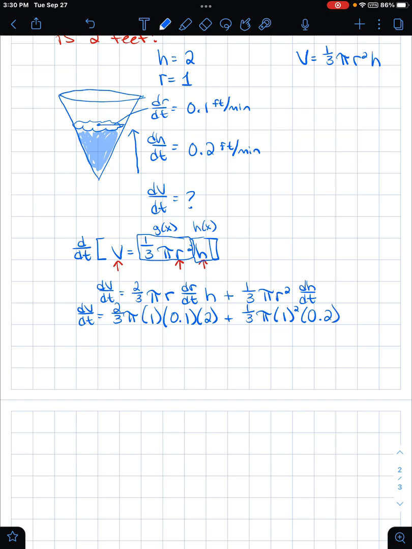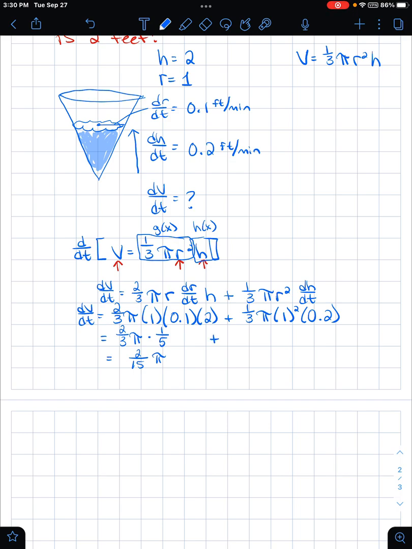You should be able to do this without a calculator. So I have 2/3 pi, I'll just leave that there for now. I know that 0.1 is 1/10. So if I multiply 1 times 1/10 times 2, that's 2/10, or 1/5. So this becomes 2/15 pi.